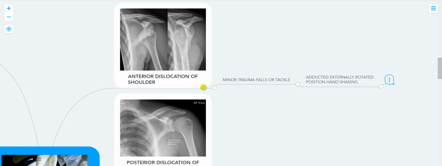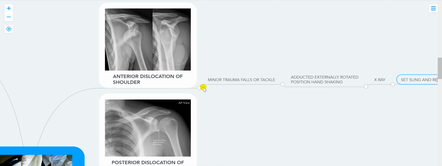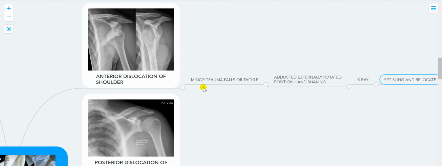How do you diagnose that? You diagnose that by x-ray. How do you treat it? You treat it by set, sling, and relocate. What do you follow up with?